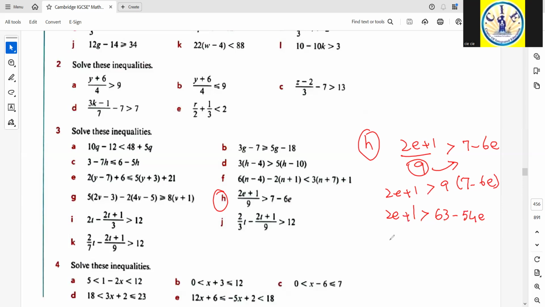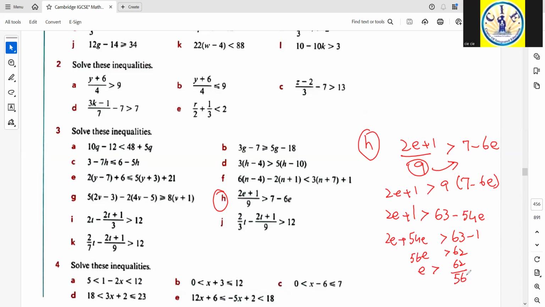Now 2e plus 54e greater than 63 minus 1, 62, and this is 56e. Now I'm shifting this positive 56 to the right side. So there is no change of the direction of the inequality.